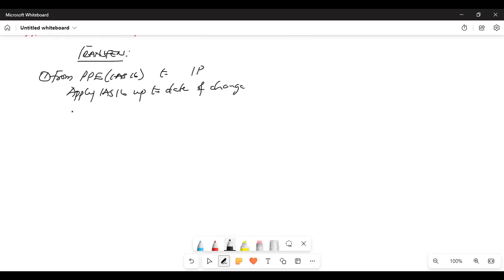But at the date of the transfer, what you do is revalue the PPE to its fair value.